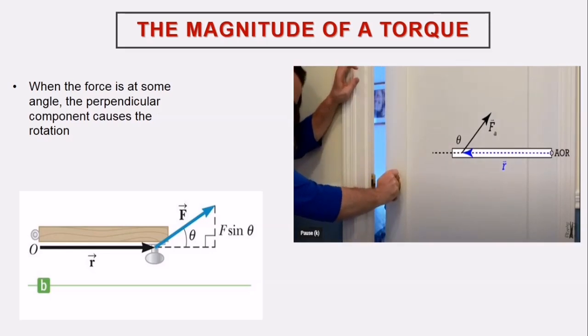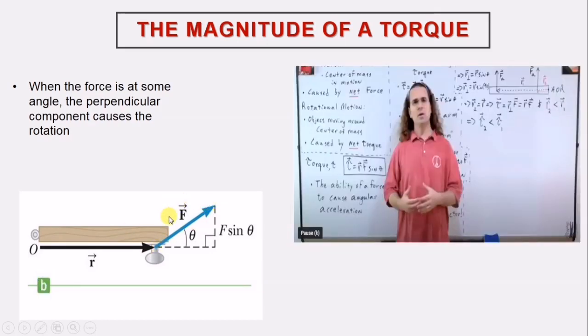Because this will make the process harder. You are applying force F, and maybe it's a great force, but you feel that it's hard to open the door, or any other object around a pivot.